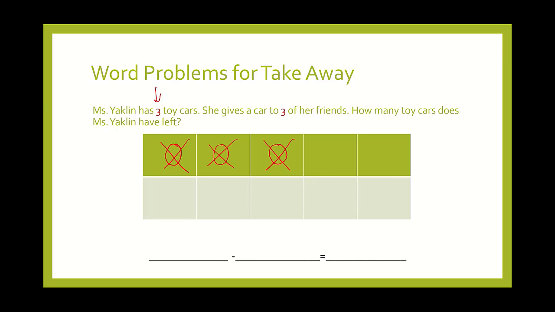Let's see. So I started with 3 toy cars. I took away 3 toy cars. And now I don't have any more counters to count over. So if I don't have any more counters left after I cross them out, I don't have any more to circle, and that means I have 0 left. So 3 take away 3 is 0.